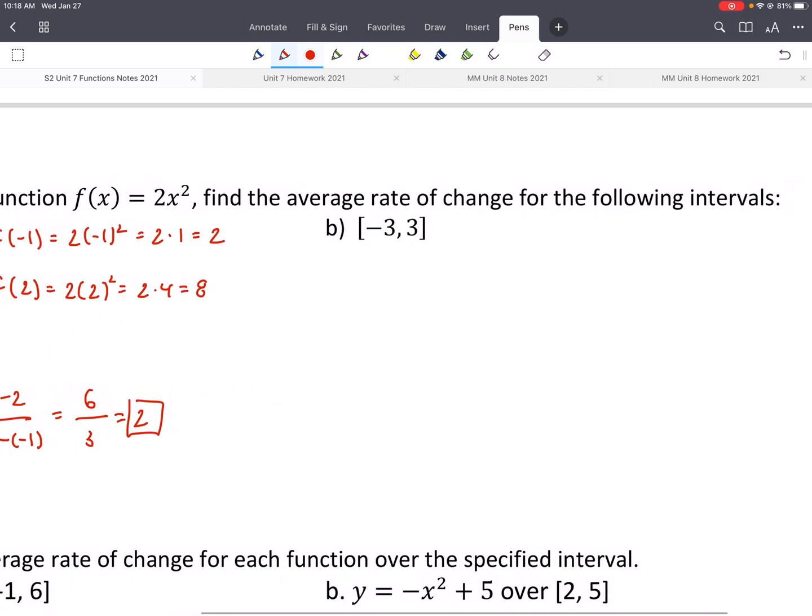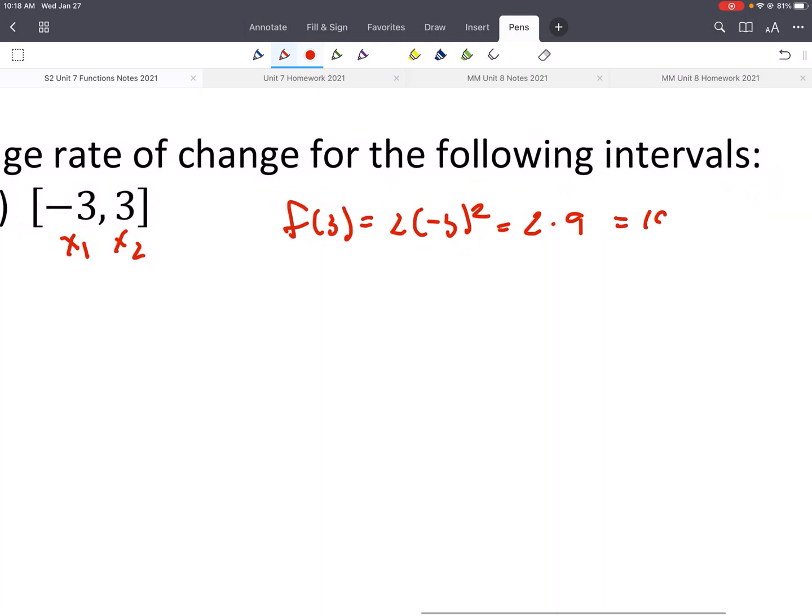All right, so let's try this one. We're going to evaluate our function when x equals -3 and when x is equal to 3. So f of -3 gives us 2 times -3 squared, or 2 times 9, or 18.